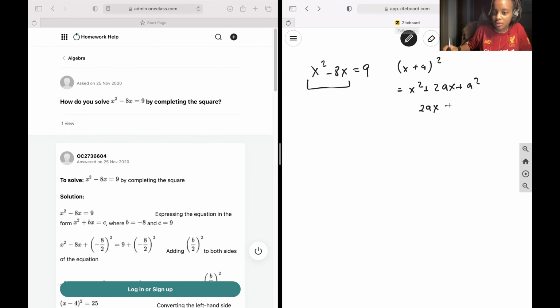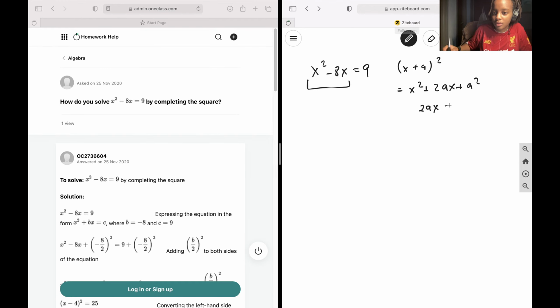So in that case, the final number would be a squared, which would be 16. So we would get x plus a, sorry, x minus 4 squared, and that would be x squared minus 8x plus 16.